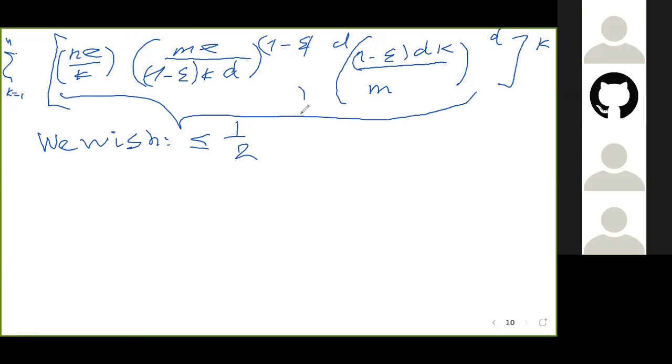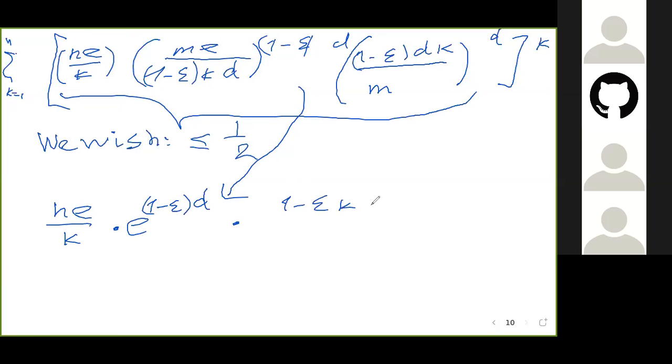So this thing may be simplified as n e over k times e to the power (1 minus epsilon) d, and times (1 minus epsilon) k d over m to the power of epsilon d.